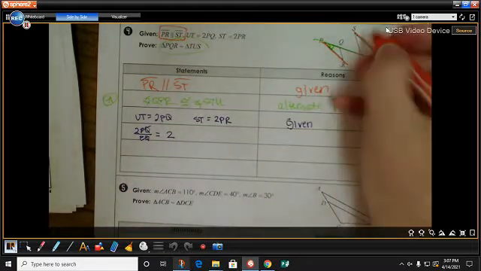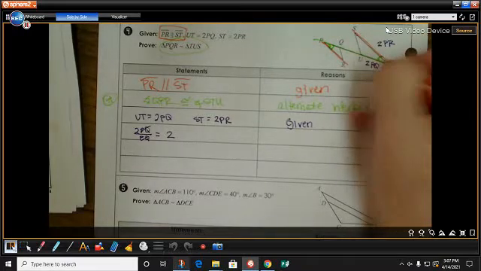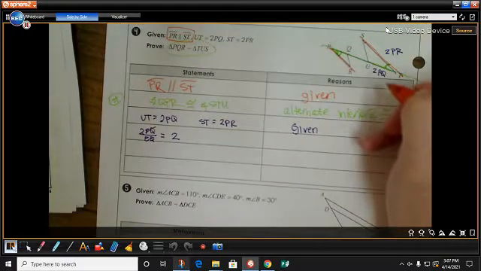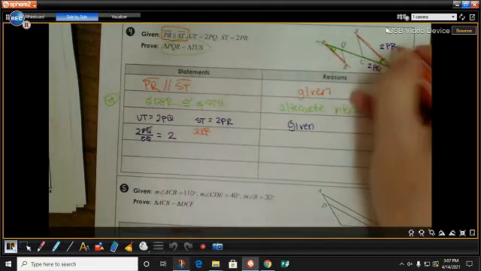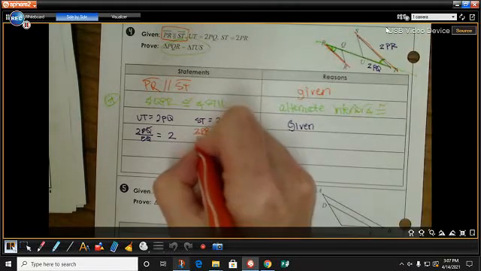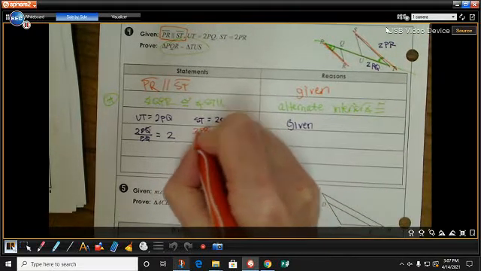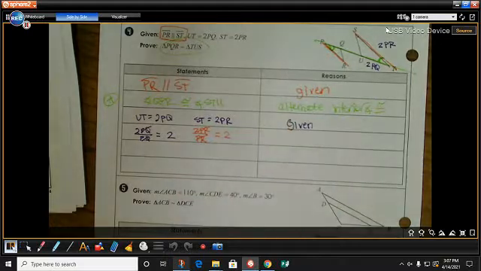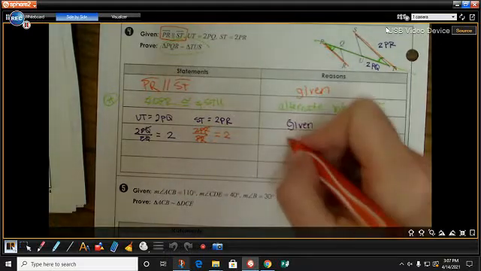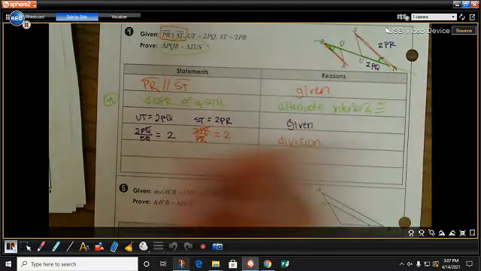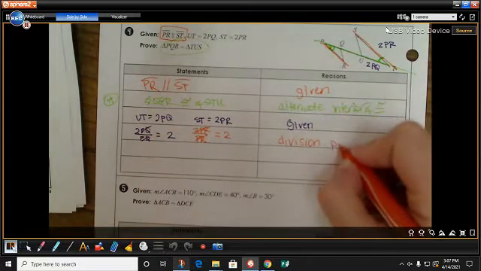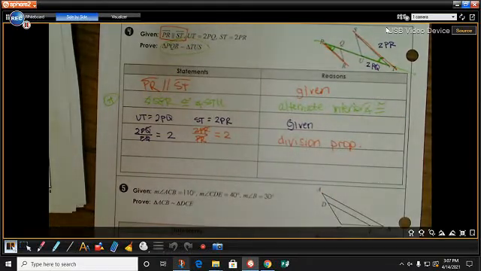And then with my orange guys here, ST is going to be matched up with PR. Well, ST is 2 PRs matched up with a single PR. And when I simplify that ratio, it also comes down to 2. And that's just using my division property. I divided by the same thing on top and bottom. That comes from your algebra.